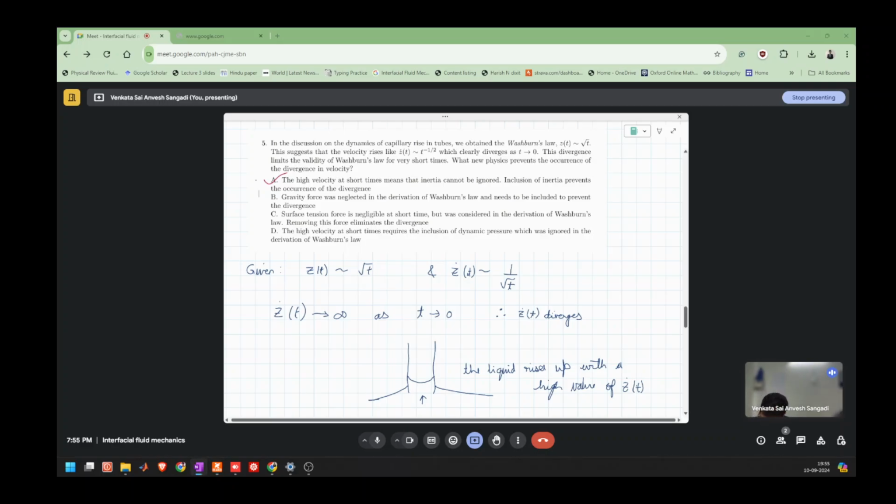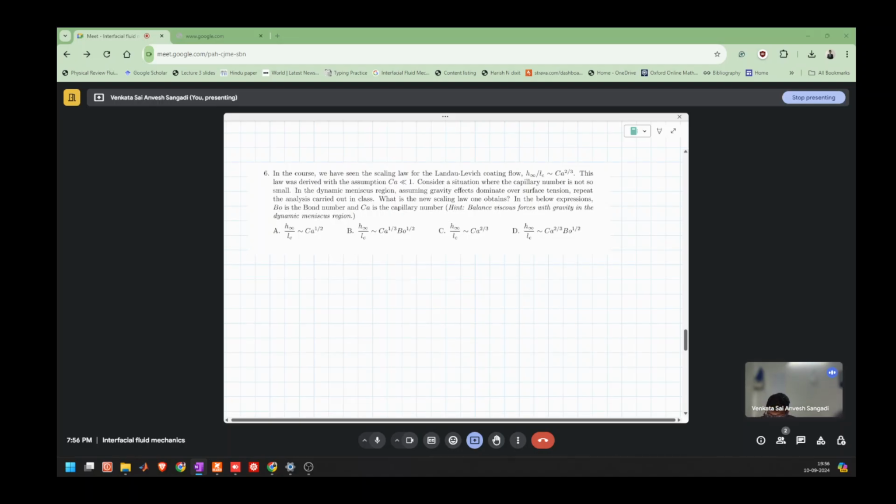Then option C: surface tension force is negligible at short times but was considered in the derivation of Washburn's law. Removing this force eliminates the divergence. No, this is untrue. And then finally, the high velocity at short time requires inclusion of dynamic pressure, which was ignored in the derivation. Option A is correct. So, option A.